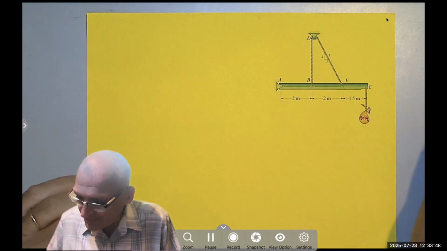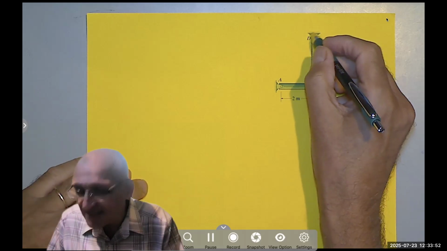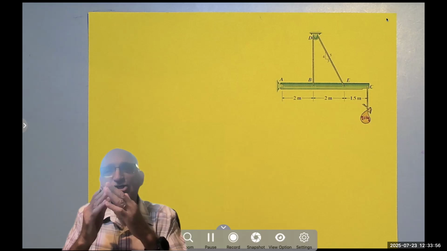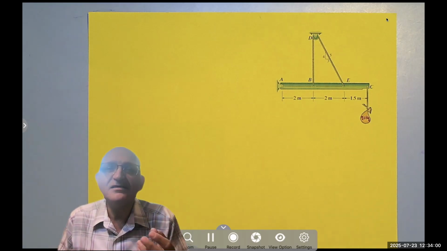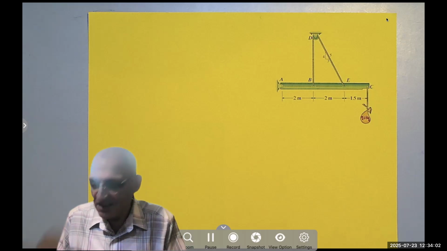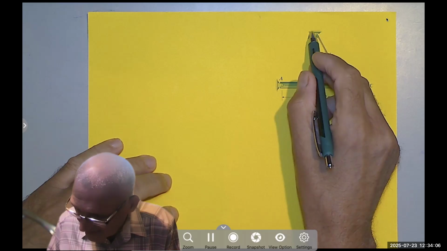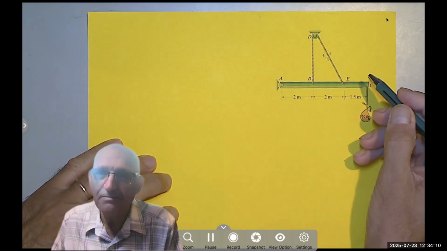Notice that even if they don't tell you, it has to be a smooth pulley, meaning there is no friction. You say, how come there is no friction? Yeah, there is a very small friction, such that the tension in this part of the cable is the same as the tension here. Of course, it's not exactly the same.